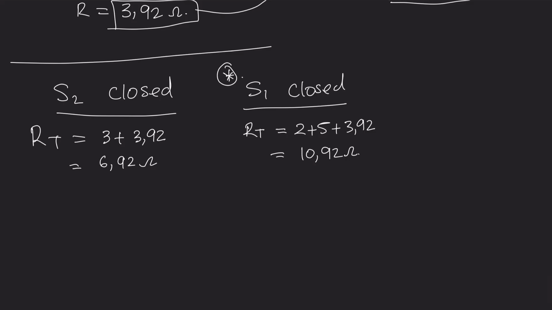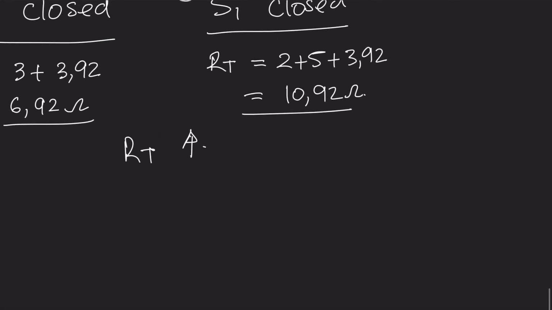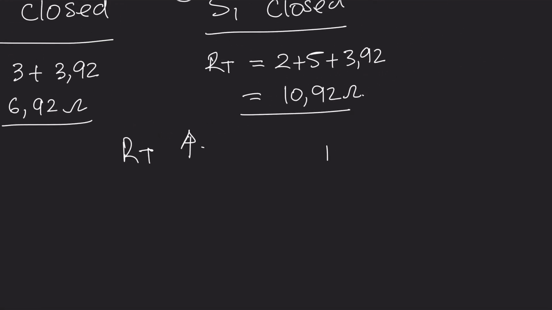So what happened? R total, you can see here, R total has increased. Okay, so we look at our equation. R equals V over I. Since the voltage is the same, R is inversely proportional to I. So if R increases, I will decrease.